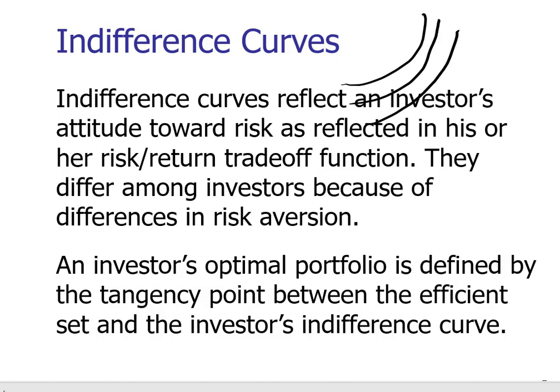And everywhere on this curve, that portfolio gives the investor the same satisfaction. So again, remember, we want to maximize return for a given level of risk. That means we want to find investments in this northwest direction, and we want to find the one that's going to provide the greatest amount of return. And as we go upward, we get to less and less risk. So we want to find a tangency point.